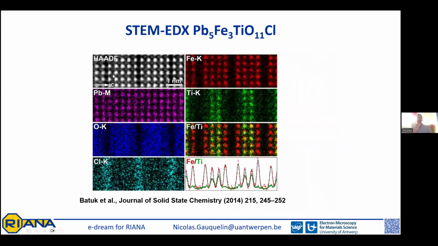But independent of that, you can actually collect those X-rays and get on the atomic scale a map such as here, where you can get the lead M edge, the oxygen K edge, the chlorine K edge, the iron K edge, the titanium K edge, and see really nicely the chemical ordering of the iron and titanium atoms, like you see here, and that at the atomic level.